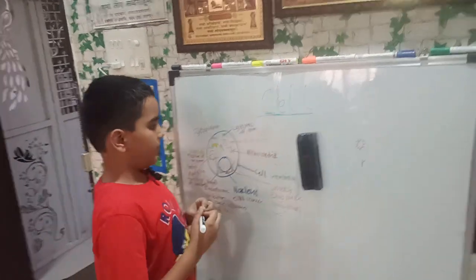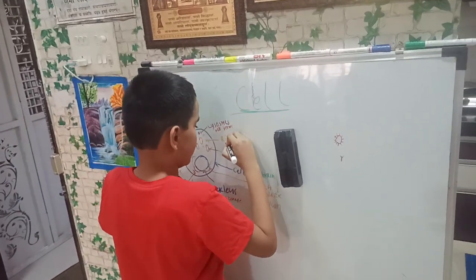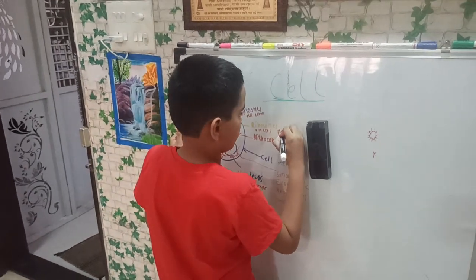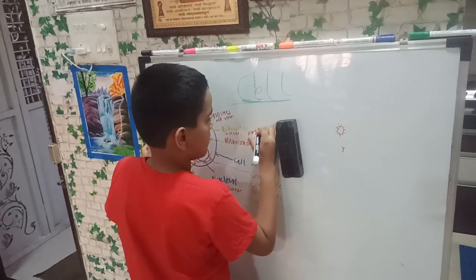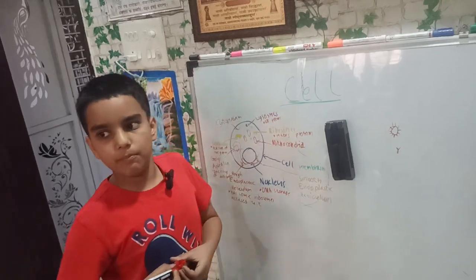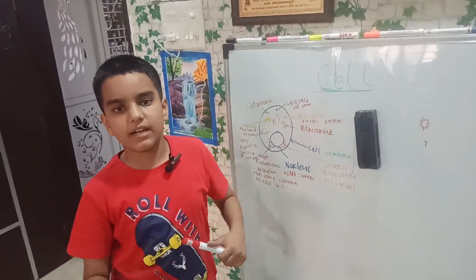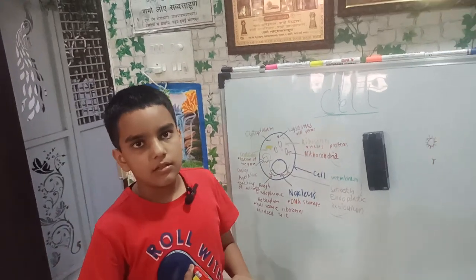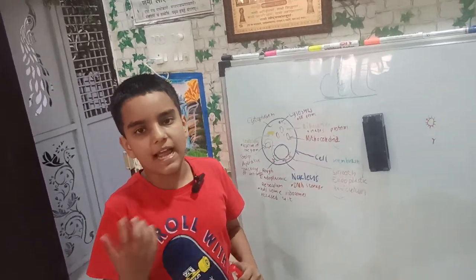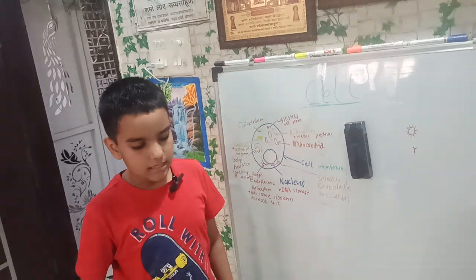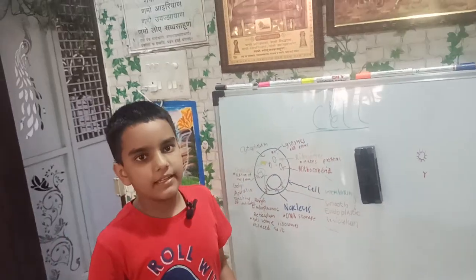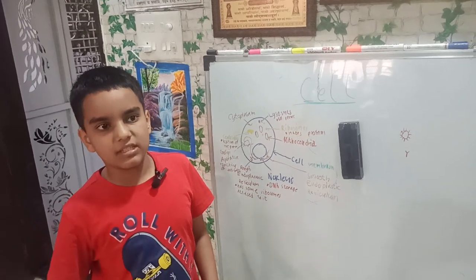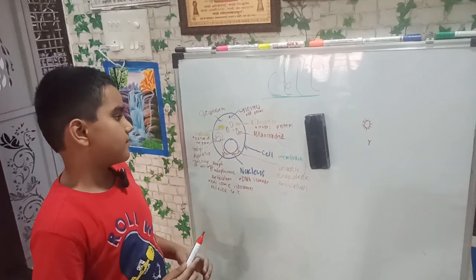And next is ribosomes. It makes proteins. Some proteins can be used for creating new cells, etc., etc.